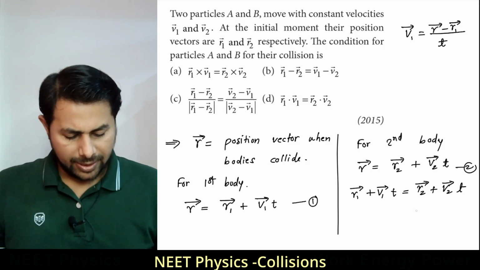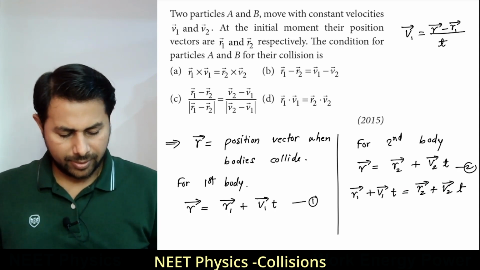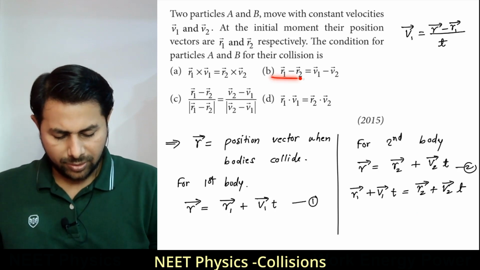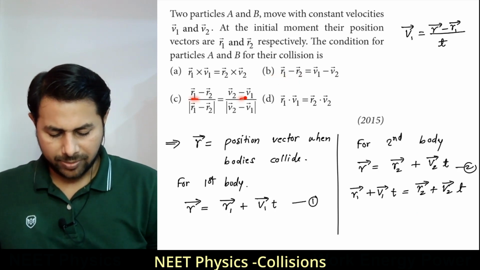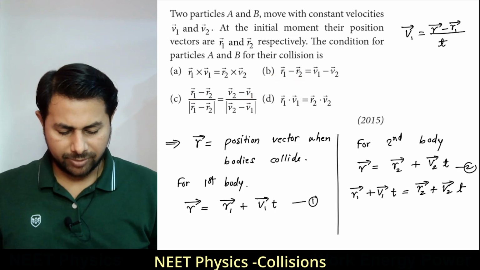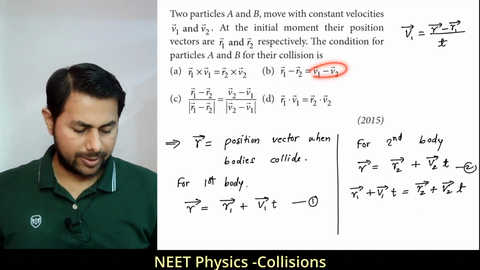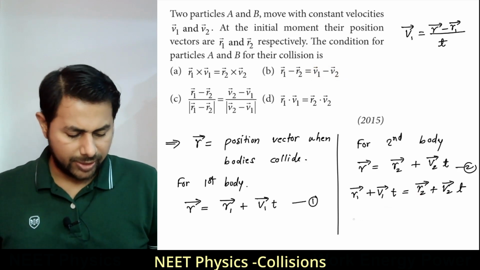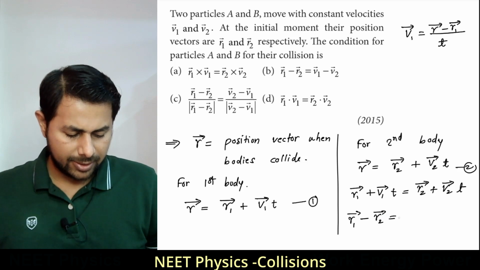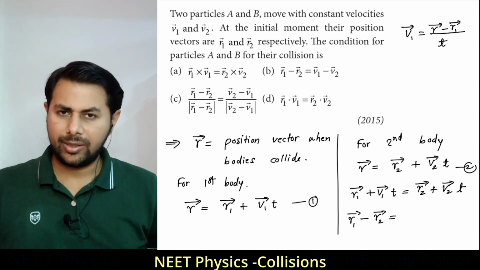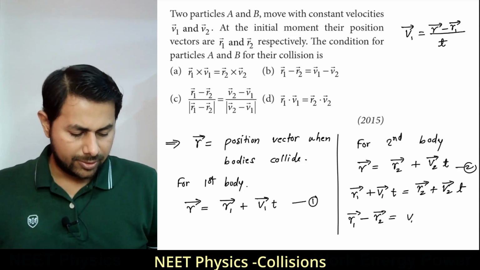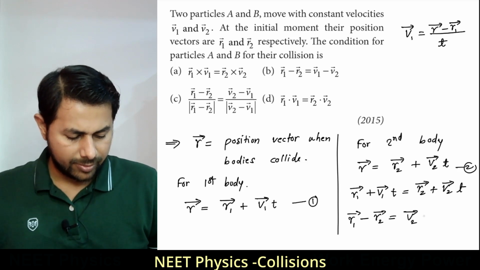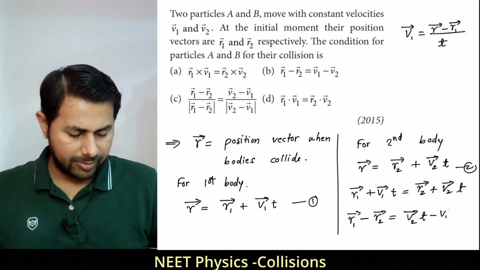Okay, and then see here in two options you have r1 bar minus r2 bar and v2 bar minus v1 bar or v1 bar minus v2 bar. What you do is you move this r2 bar to this side. What you get is r1 bar minus r2 bar is equal to, take v1 into t on the other side, v2 bar times t minus v1 bar times t.